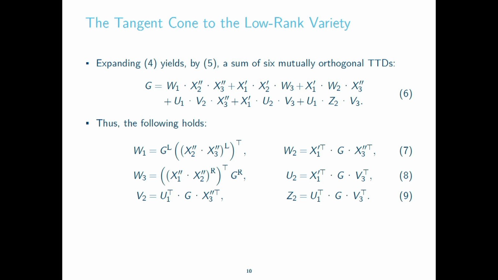So each tensor train decomposition is orthogonal to the other one with respect to the standard inner product of the vectorizations of the tensors. And consequently, we can rewrite the parameters that only appear once in the parameterization in function of the other parameters, the tangent tensor itself, and the vectors of x.